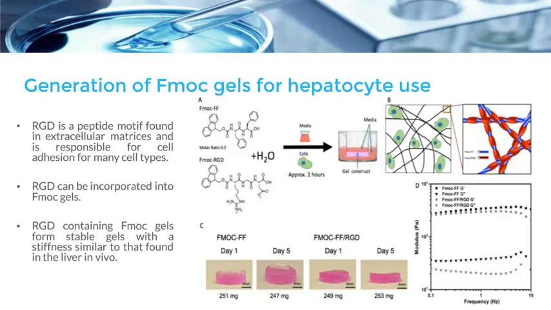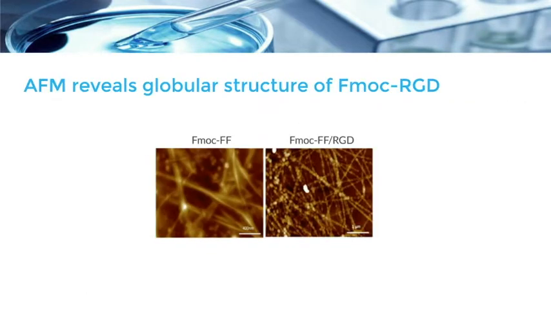We're showing this here for 5 days, but we've been able to show that we can maintain their structure for several weeks. And this is just drilling down microscopically, using atomic force microscopy, showing that these peptide motifs are incorporated onto the surface of the hydrogel.